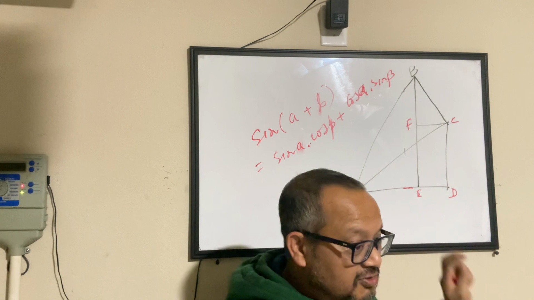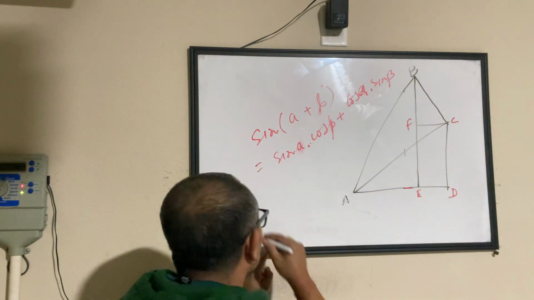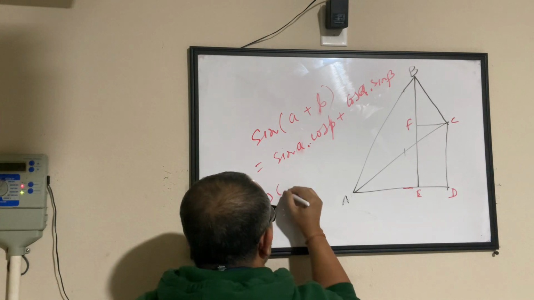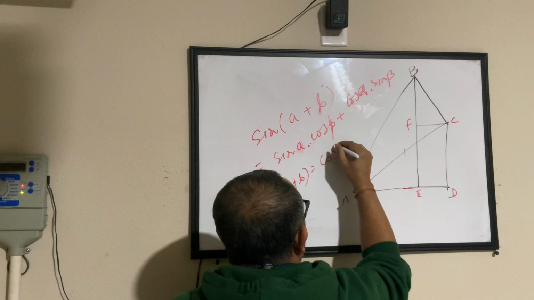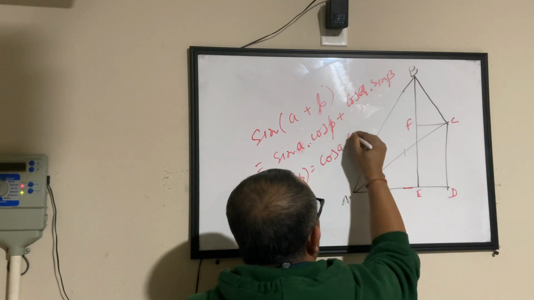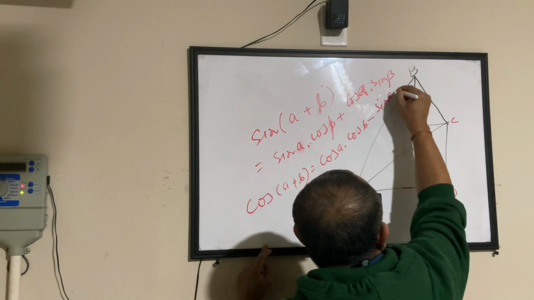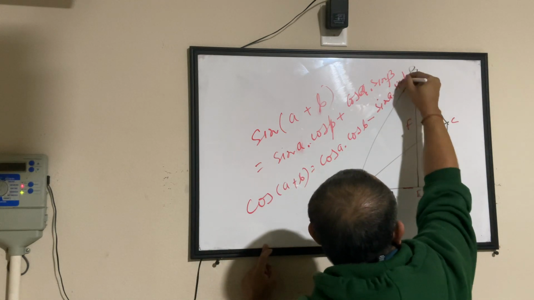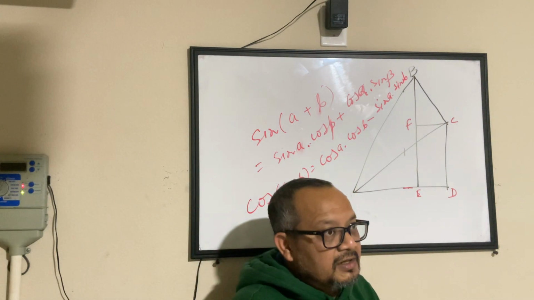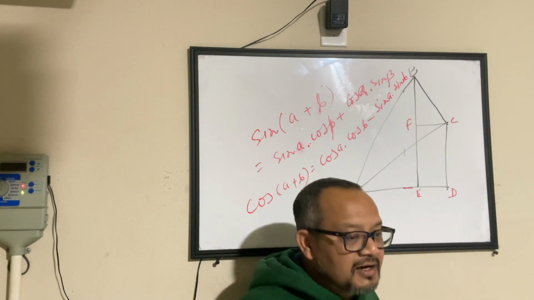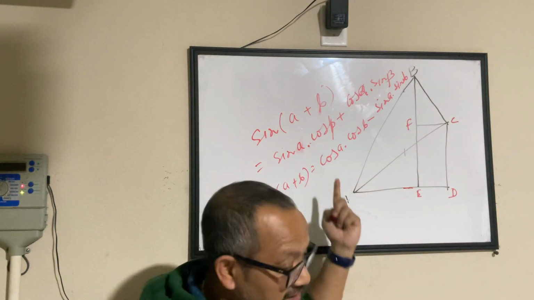And again, I'm not asking you guys to memorize this. When you practice it more, you will get to know it. Similarly, when you have to find cos of A plus B, it will be cos of A into cos of B minus sine of A into sine of B. So these are the identities where you add a couple of angles, two angles, and then you can relate it that way.